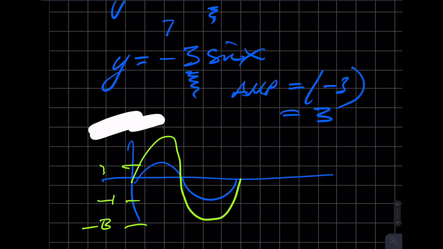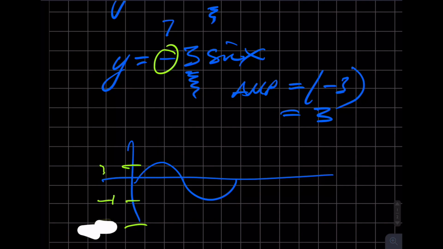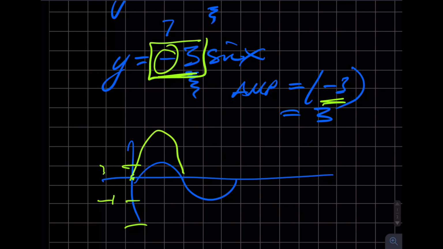But this negative sign right here is going to cause something different. All of my positive values previously, all these guys up here, they're going to end up being negative. So what ends up happening with this amplitude of 3, but the coefficient of -3, it takes all these positive values and makes them negative.